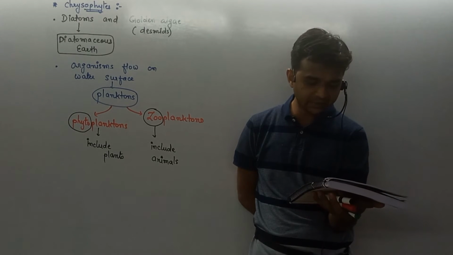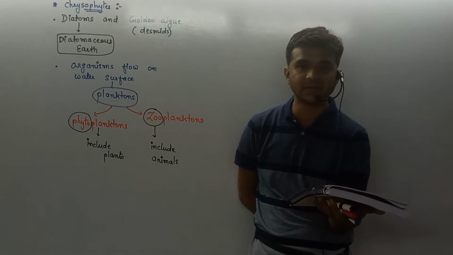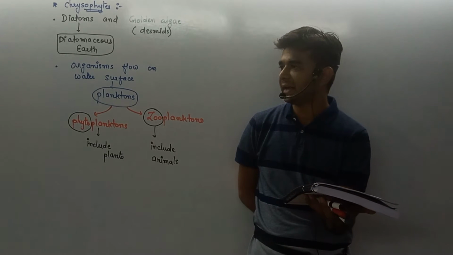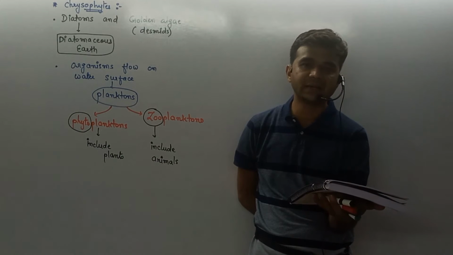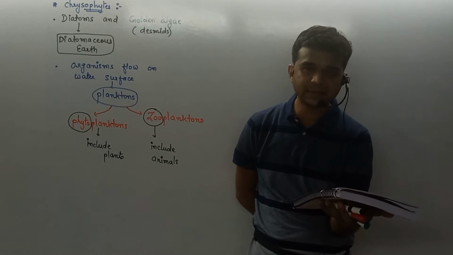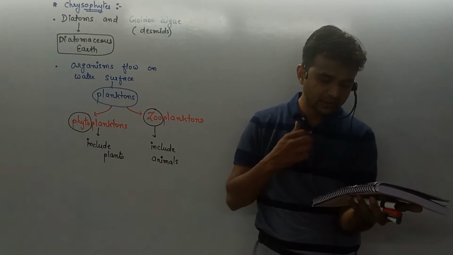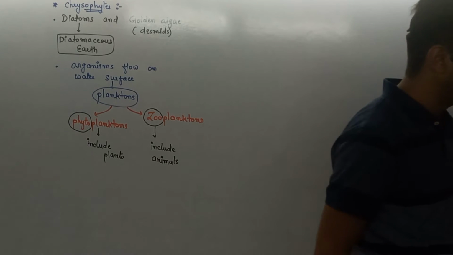Thus, diatoms have left behind a large amount of cell wall deposits in their habitat. So, in the area where the diatoms are situated, diatoms are deposited in large amount. This accumulation over billions of years is referred to as diatomaceous earth.